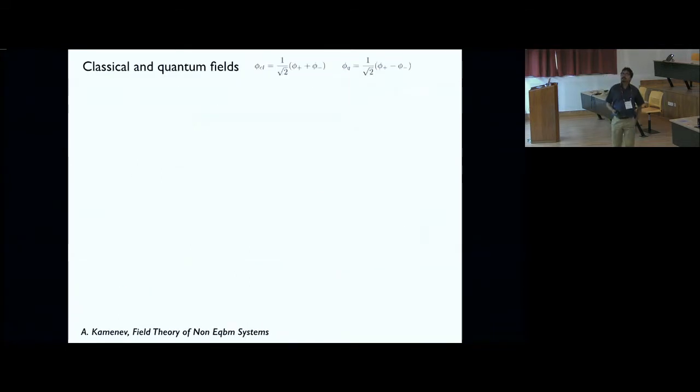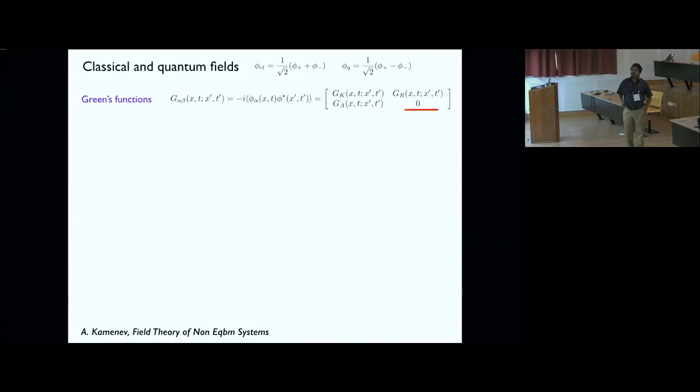Okay? So if you now try to invert this thing, you go for Green's functions, which are the correlation functions that you're going to measure. You see that the classical part is finite, called the Keldysh component. These are the advanced and retarded components. And the quantum part is zero. That just comes from the structure of the inverse Green's functions.